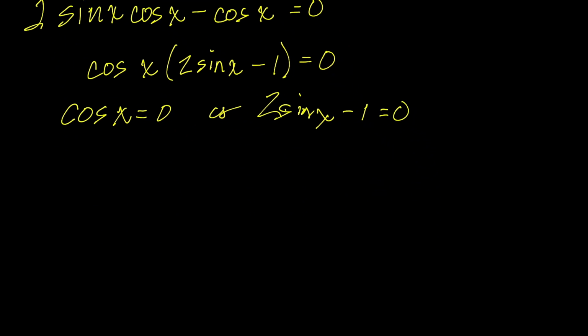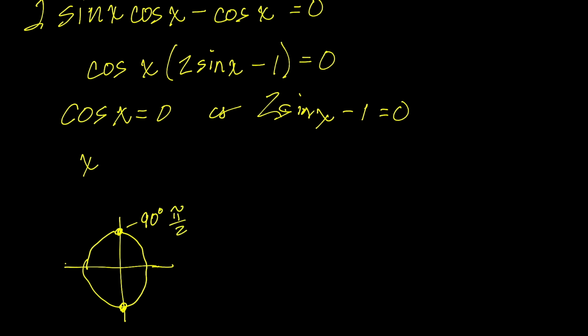Getting down towards the bottom. So if cosine of x equals 0, okay, looking here, unit circle, where is the x coordinate 0? At the top and bottom of the unit circle. So this would be 90 degrees or pi halves. We usually answer these in radians. So that would be pi halves.